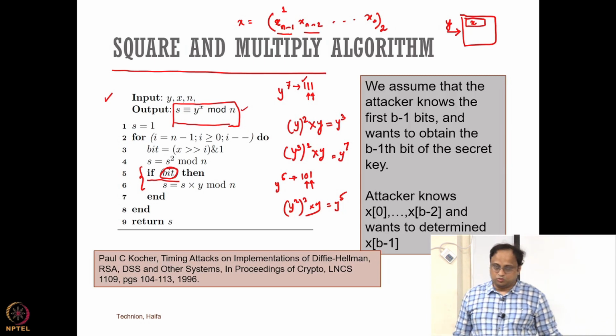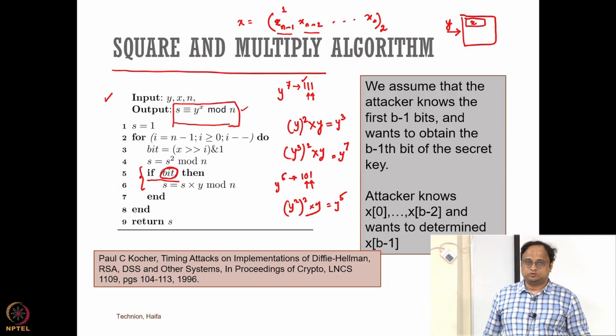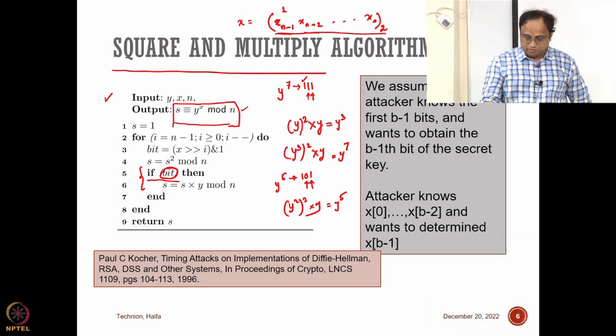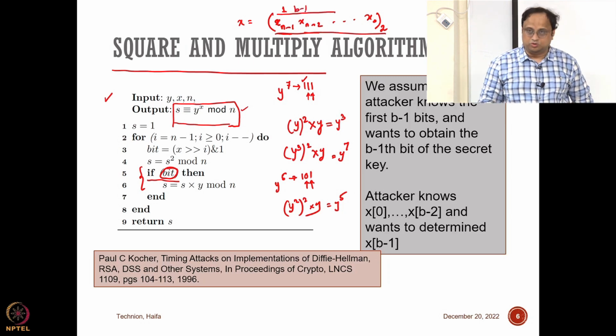So for this, let's consider a situation where the attacker has observed, say, b minus 1 bits. Okay. So what I mean is, I want to observe this xn minus 1 down to x0, but imagine that I know a part of these key bits. Okay. So b minus 1 bits are already known to me.